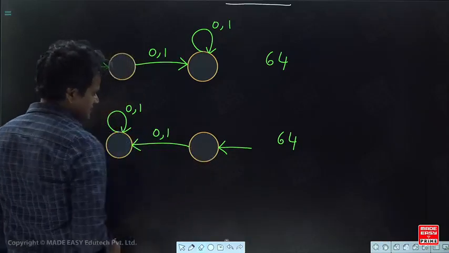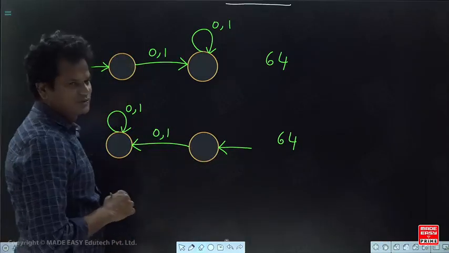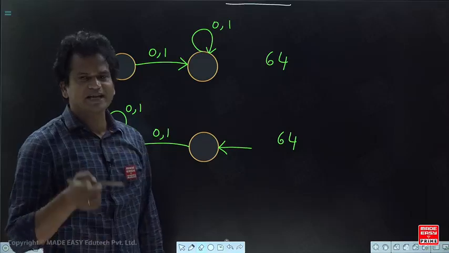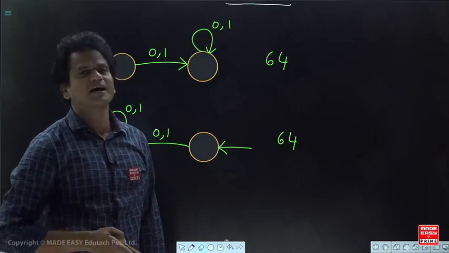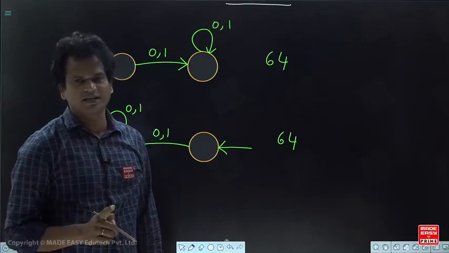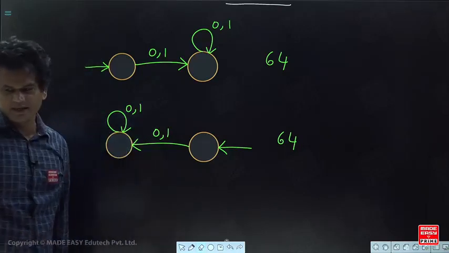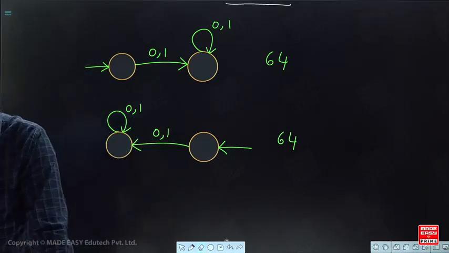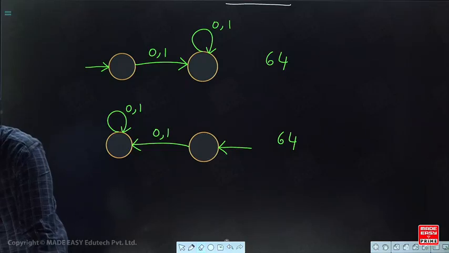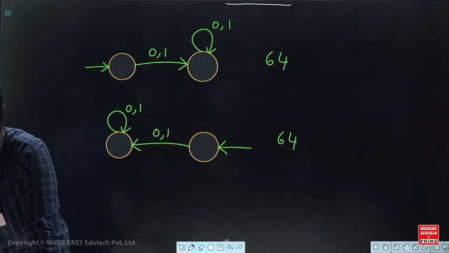Therefore 64 plus 64 is 64 only. So whether I give the initial or I don't give the initial, the number of DFAs will be 64 only. It does not depend on naming.